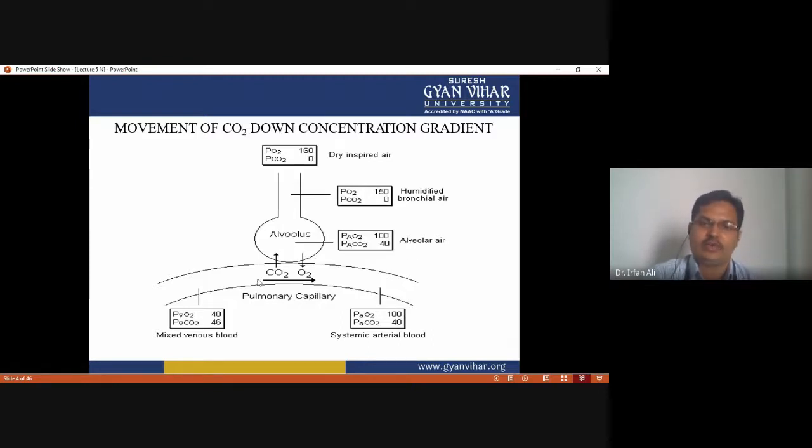So you can clearly see that carbon dioxide flows from the higher partial pressure to the lower partial pressure. This is called movement of carbon dioxide down the concentration gradient. So this figure clearly indicates how CO2 moves down the concentration gradient by diffusion.